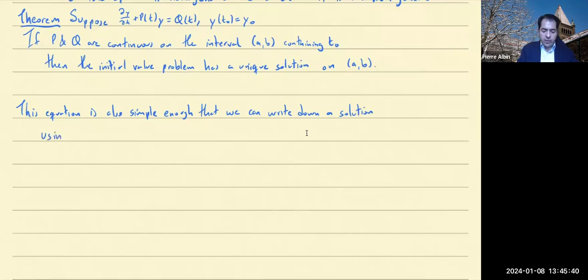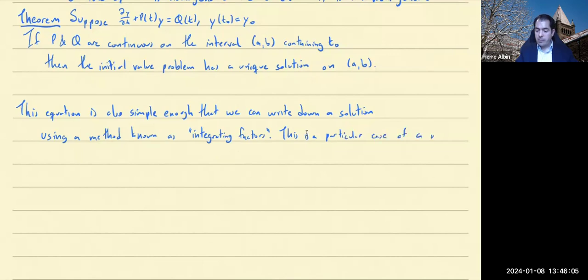Right, so we'll do this using a method known as integrating factors. This is a particular case of a method we'll discuss later called variation of parameters.